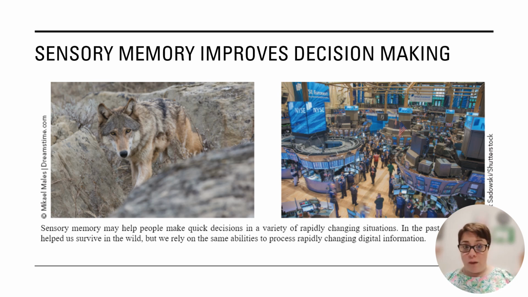For example, in the past, our evolutionary ancestors would have had to decide how to act based on brief flashes of animals in the wild, while even in present day, we often have to make choices based on information flashed very briefly on a video screen, for example. And in these situations, when stimuli are seen and disappear, people must rely on visual sensory memory to make those decisions.